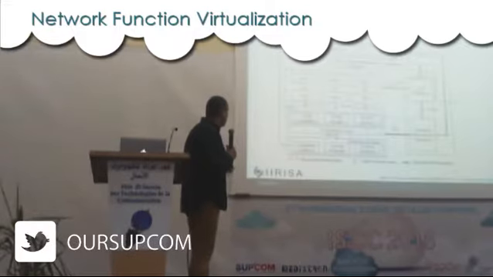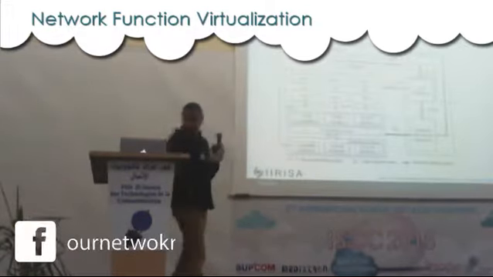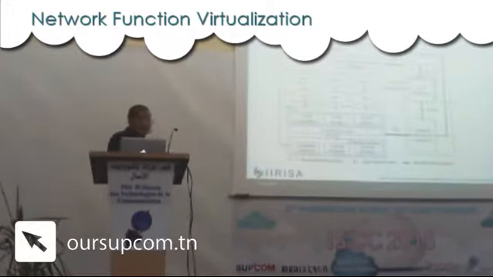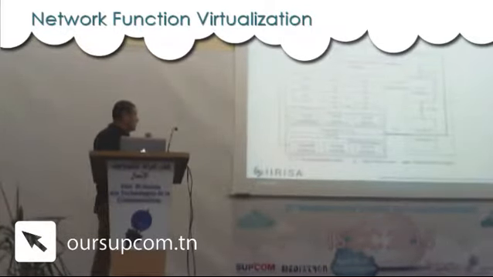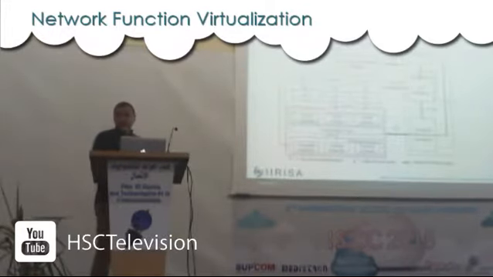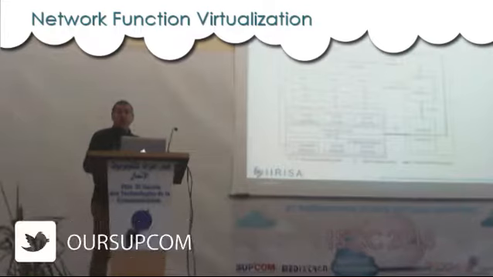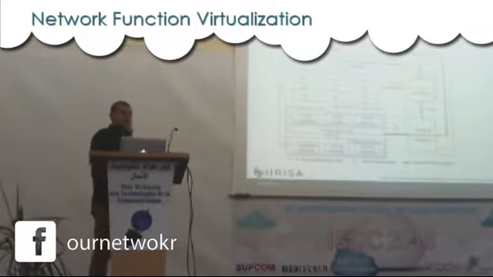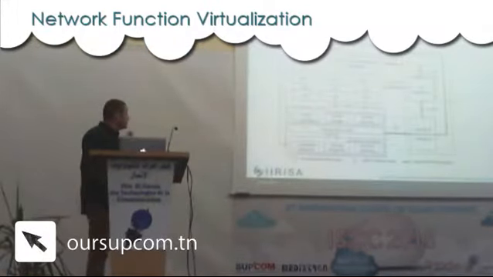So this architecture here is a little bit complicated, but don't worry. This is the dedicated NFV architecture. ETSI is trying to create some requirements and directives about the infrastructure, how the infrastructure should be and how it must be implemented.